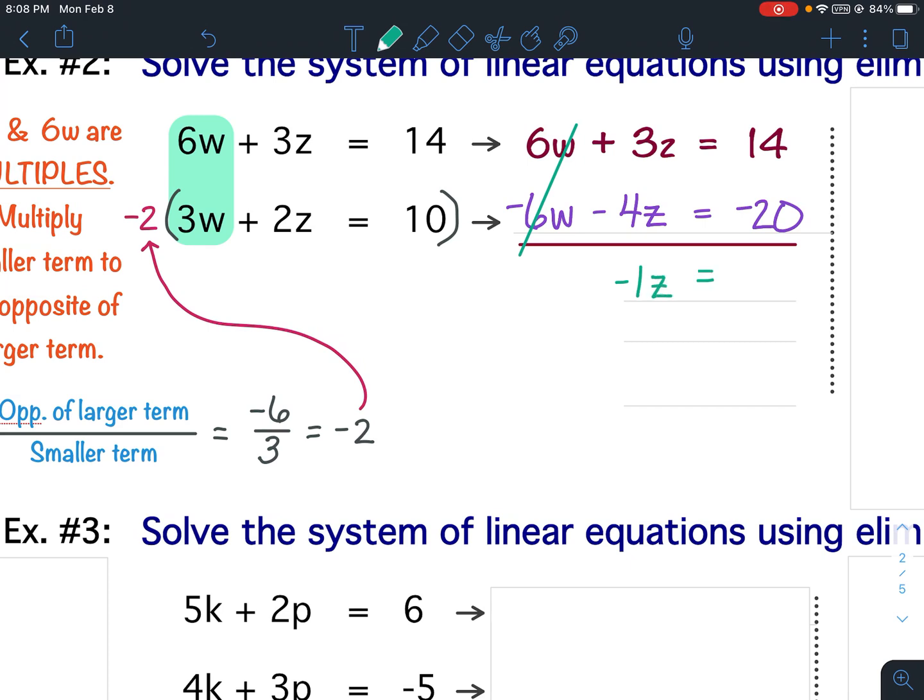Keep the equal signs lined up. 14 minus 20 would be negative 6. Last step, isolate the variable by dividing both sides by negative 1. So z equals positive 6.